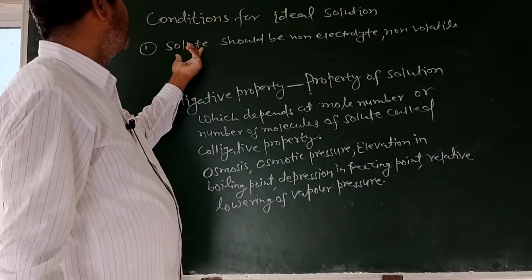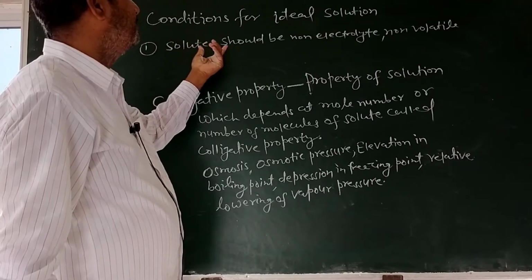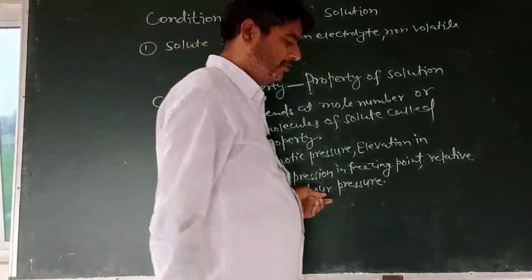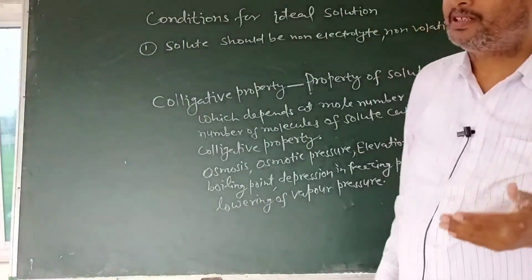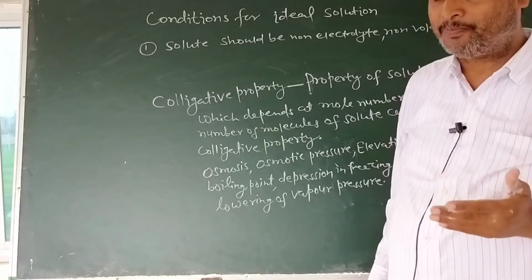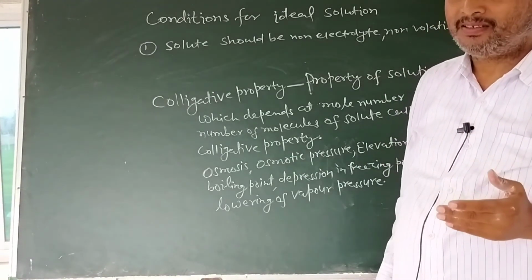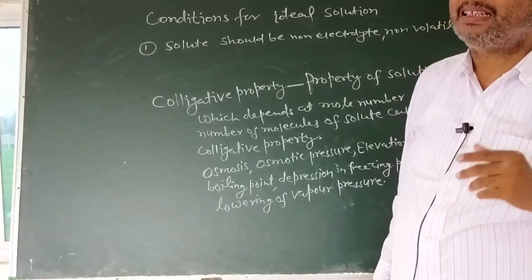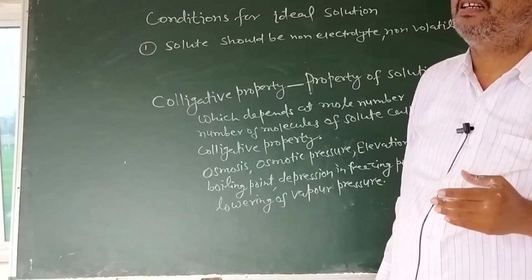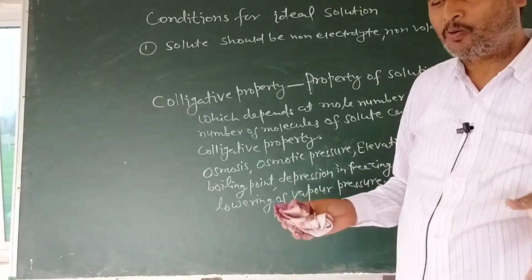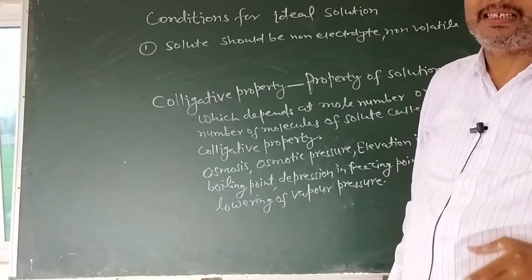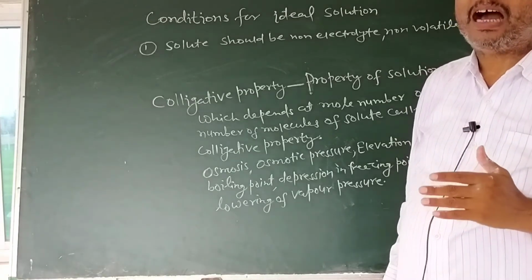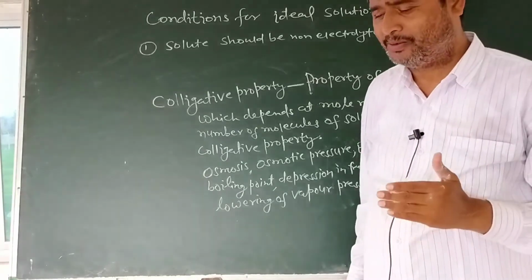One condition for an ideal solution is that the solute should not be an electrolyte. As you know, a substance having ionizing property, means if the substance is of ionic nature, having ionic bond or electrovalent bond or polar covalent, then it has a tendency to ionize into its ions, that is cation and anion, in the solution.